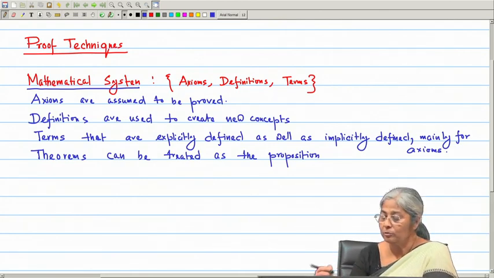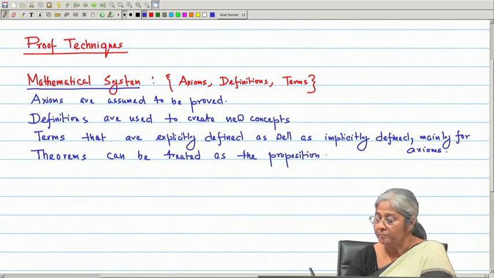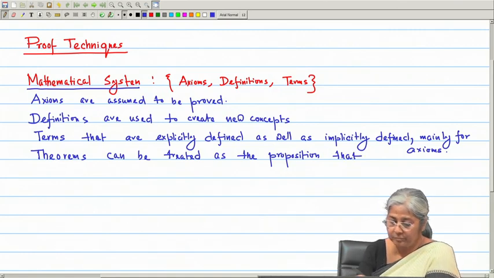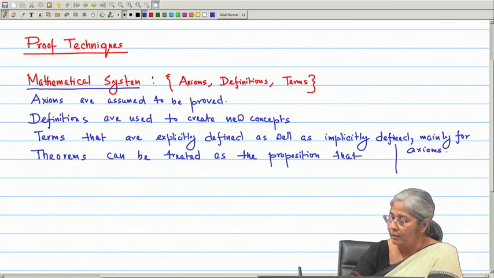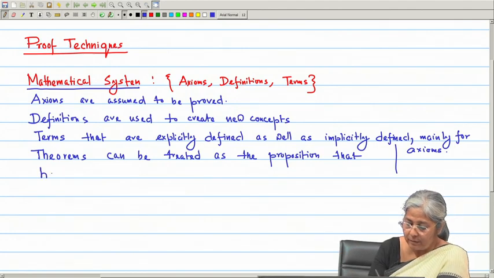So, we think of a theorem as a proposition that has already been proved, or we have to prove.